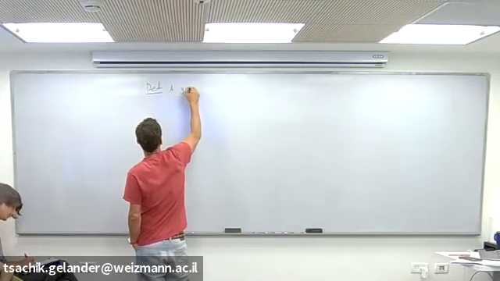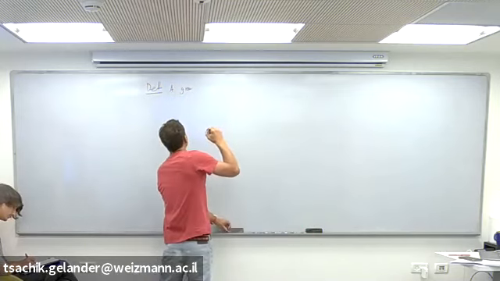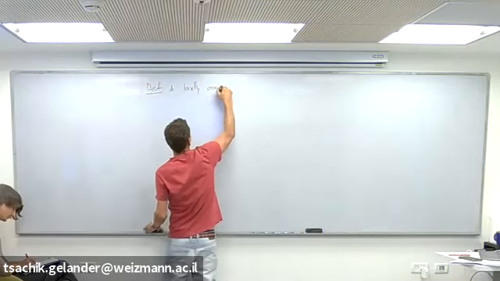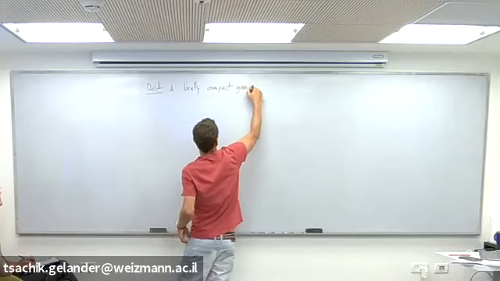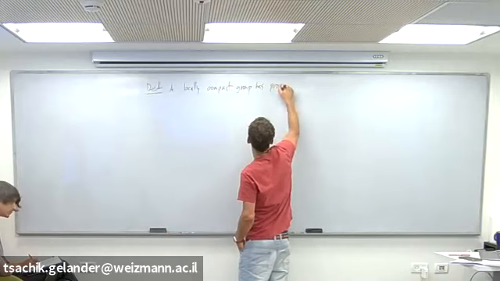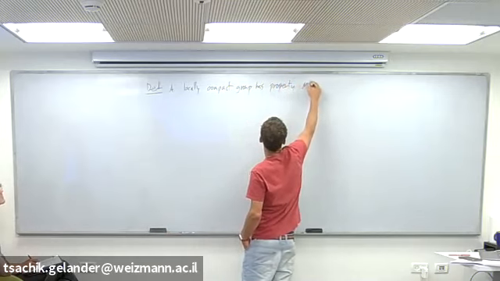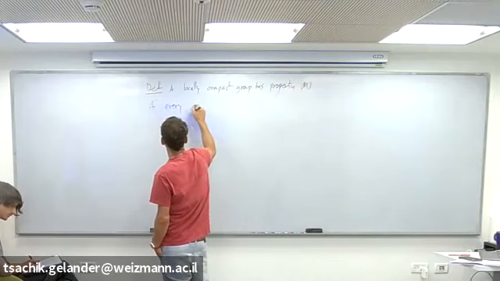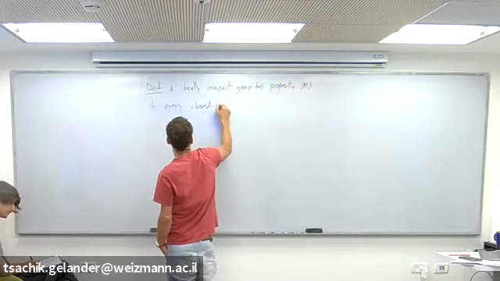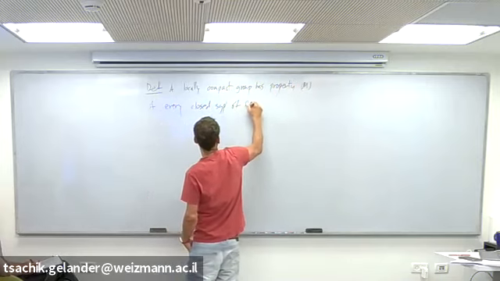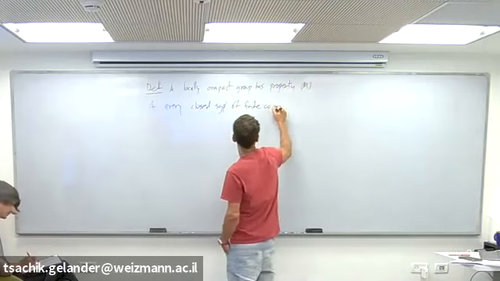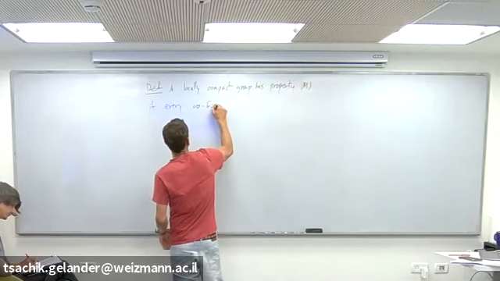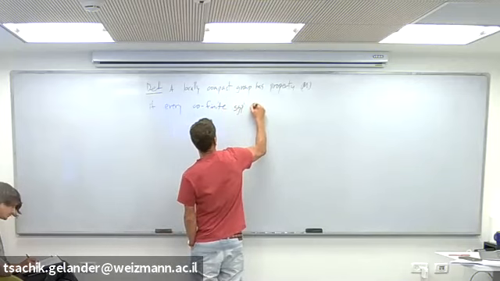A locally compact group has property M if every closed subgroup of finite covolume, every cofinite subgroup, is co-compact.